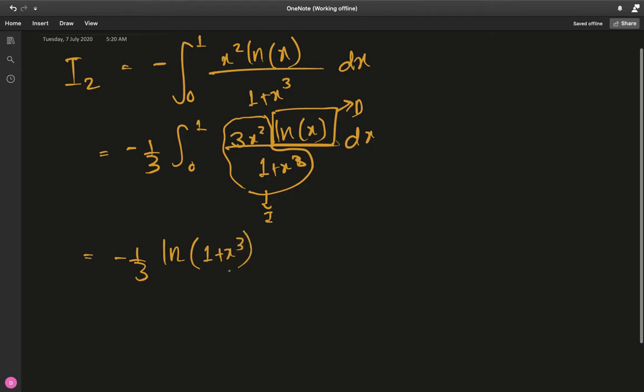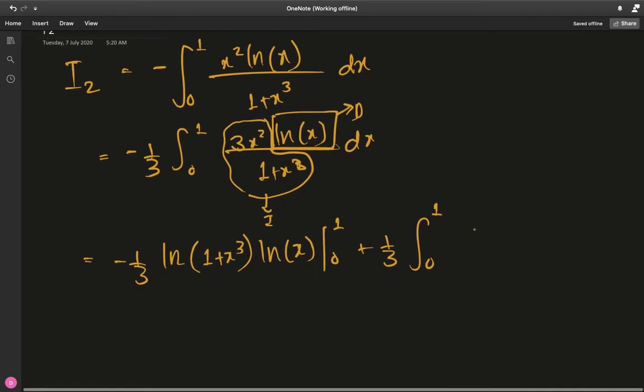I actually need an absolute value, but I won't bother because x is always positive, times natural log of x evaluated from 0 to 1, minus, plus, one third rather, of integral from 0 to 1 of natural log of 1 plus x cubed divided by, derivative of this is just 1 over x dx.